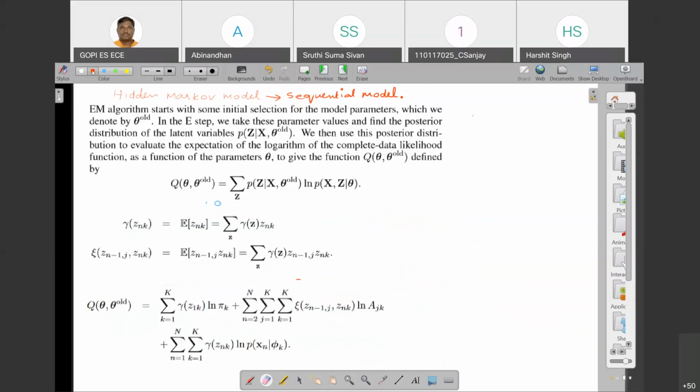We are going to use this to maximize, such that the value of the unknown parameters like pi k and then ajk, and then mu k, sigma k. Together, whatever I have listed now, this is what we call theta.